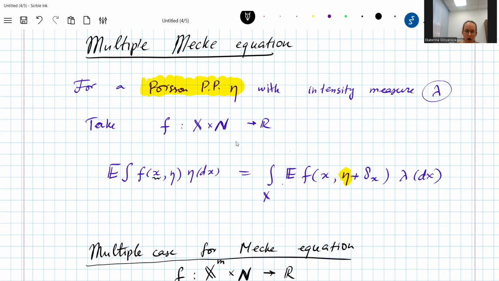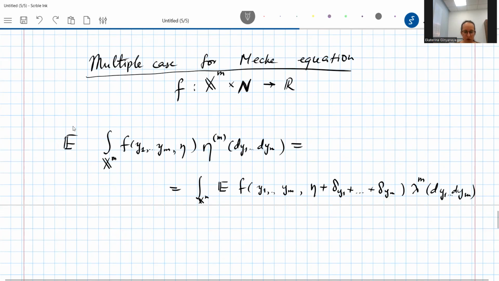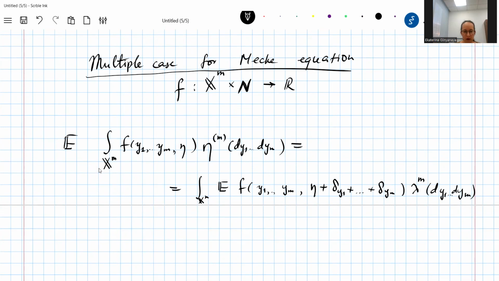So here this equation is true only for one class of point processes, and sometimes it is of great interest to get a similar equality for a bigger class of point processes.